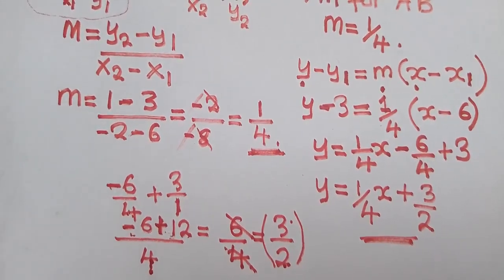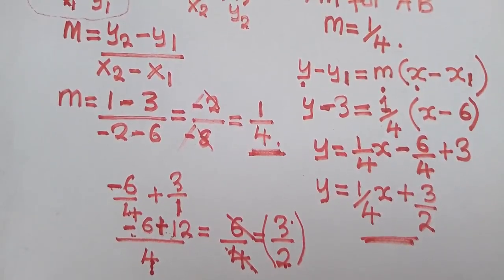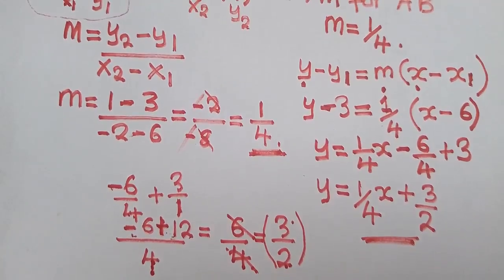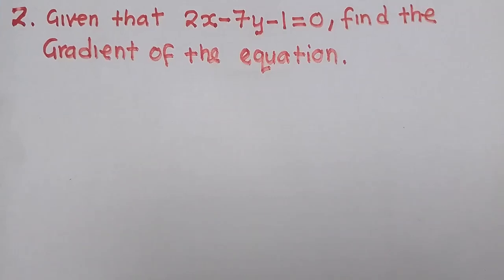I want you to get the other way of answering. Let us look at our example 2. Hope you've understood this. You know all the concepts and how to go about this one.